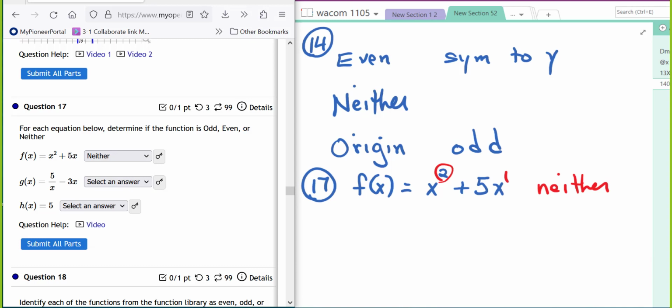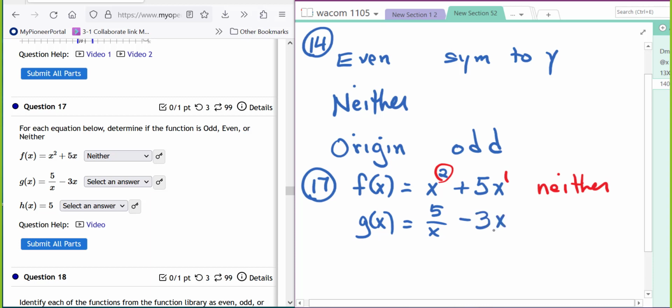All right, the next one, for this x to be in the denominator, its exponent is -1. And this is x to the first. So those are odd. They're both odd, so it's going to be odd.